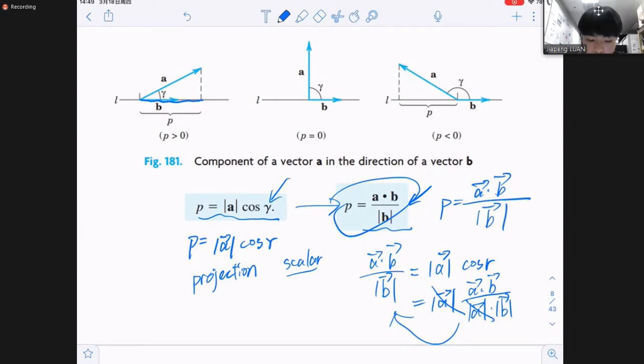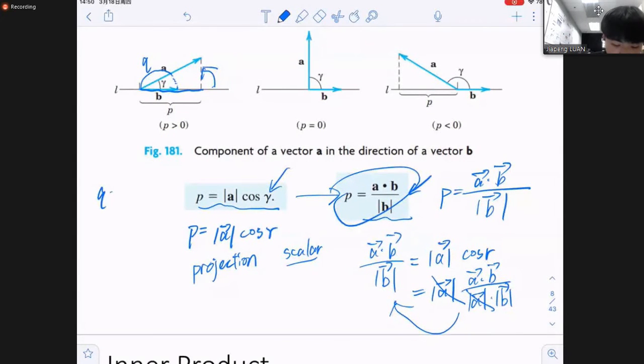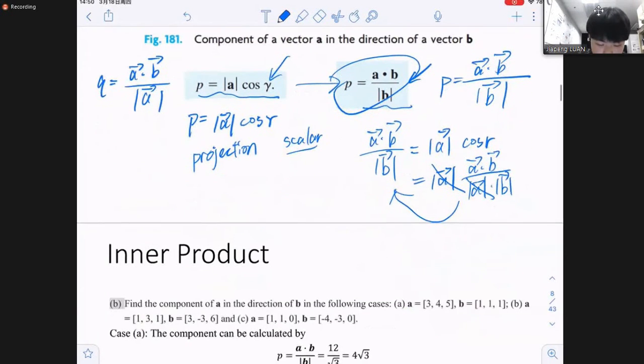So if you want to calculate the projection from B to A, in this diagram, it is like this. We say this is Q. So Q is actually A dot B over A norm, right?